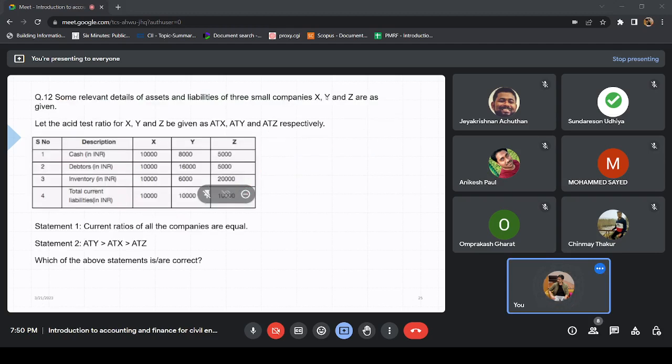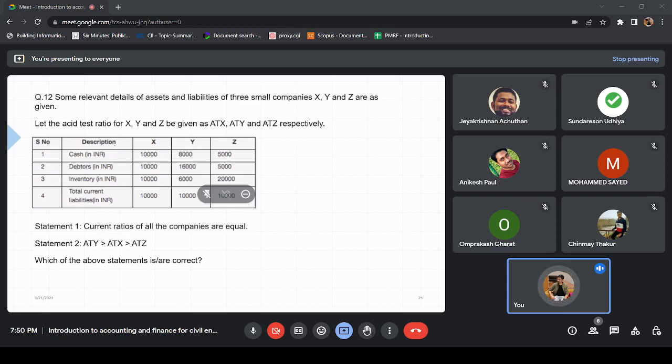Okay, so let's try another question. This question is also from previous year's assignments. Three companies, we have to compare these three companies. Like we said, ratios are for comparing. So what you have to determine is what are the current ratios and what are the acid test ratios.